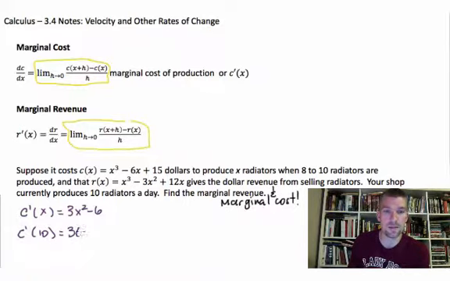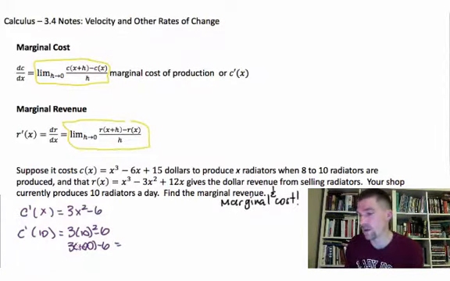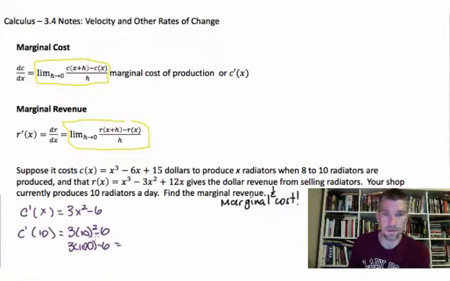So that's going to be 3 times 10 squared minus 6, which is 3 times 100 minus 6, which is 300 minus 6, which is 294, if I've done my math correctly. So, 3x squared minus 6, 294. That's my marginal cost, and this is going to be in dollars.